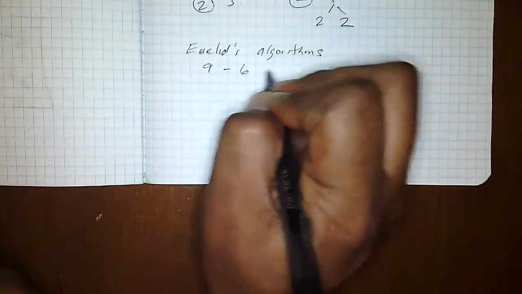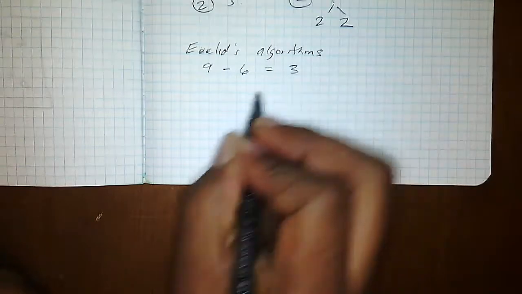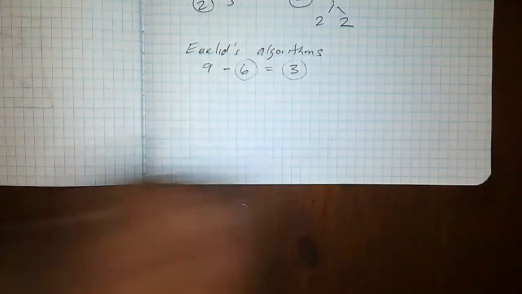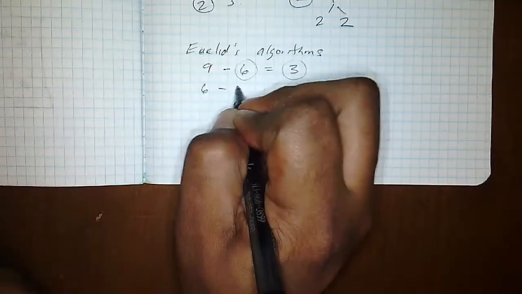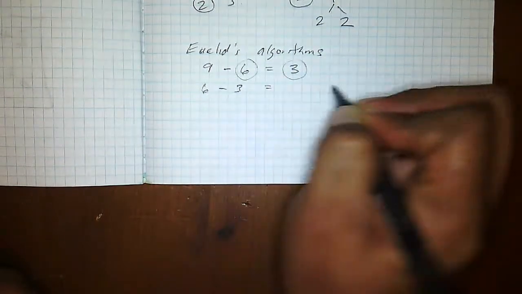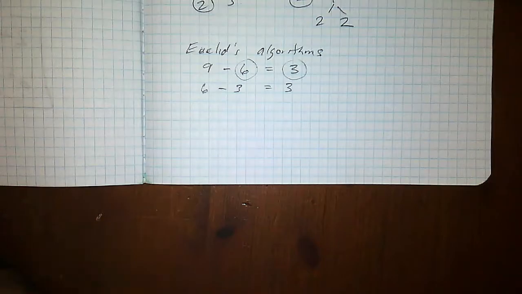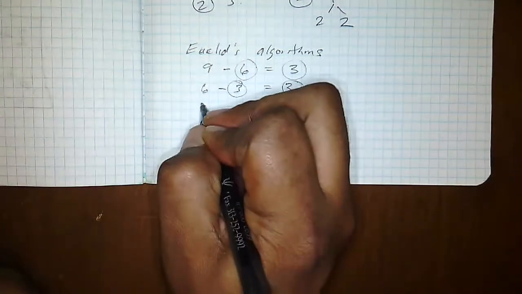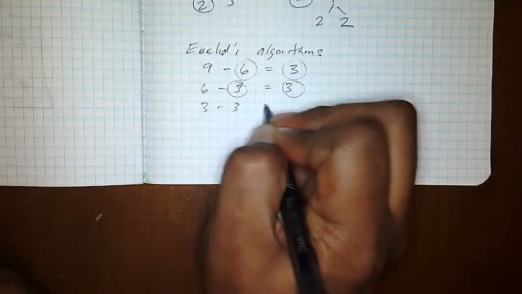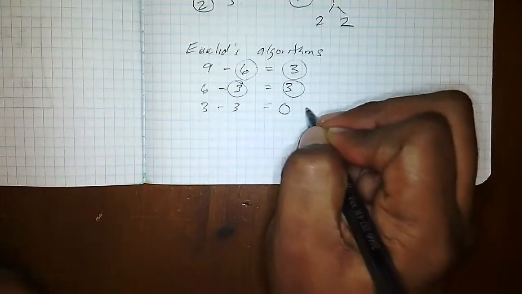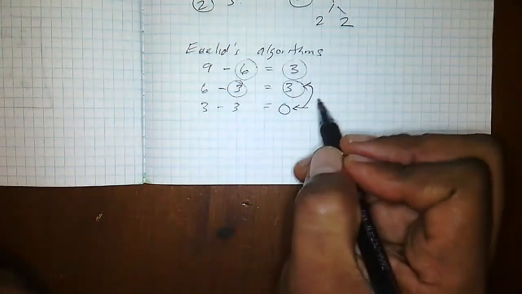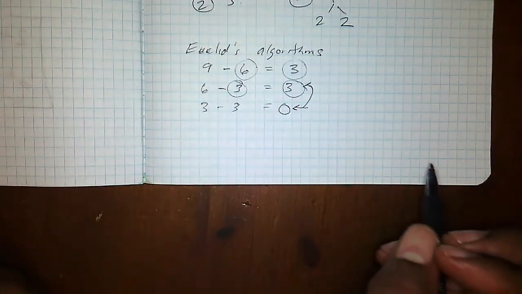So 9 minus 6 is equal to 3. So we take our lowest two numbers, which are 6 and 3, and we subtract again. 6 minus 3 is equal to 3. Okay? And so we take our lowest two numbers, which are 3 and 3. So 3 minus 3 is equal to 0. So here's the 0 here. So we take our next number up. So our GCF is 3, right?